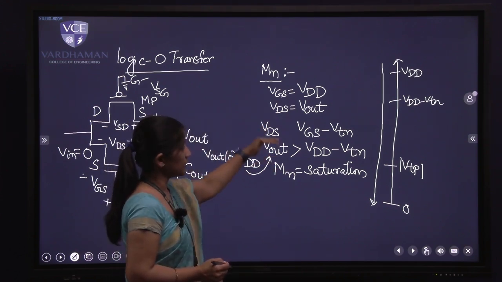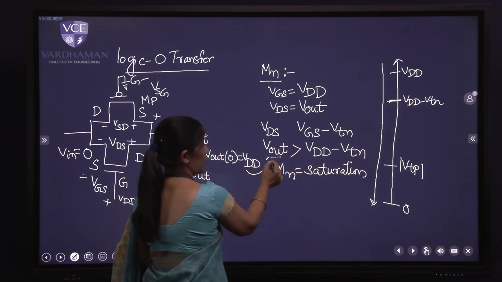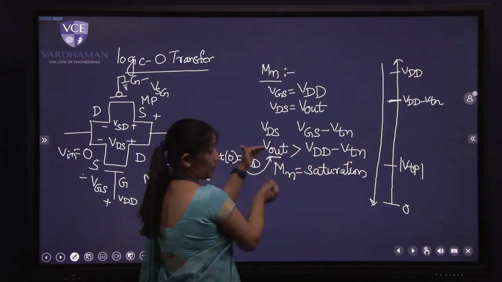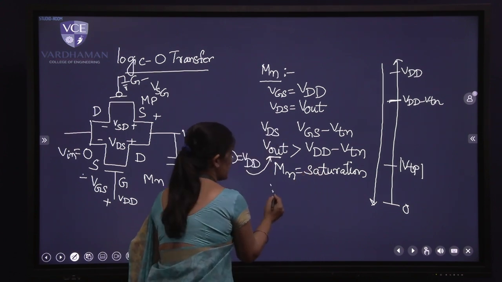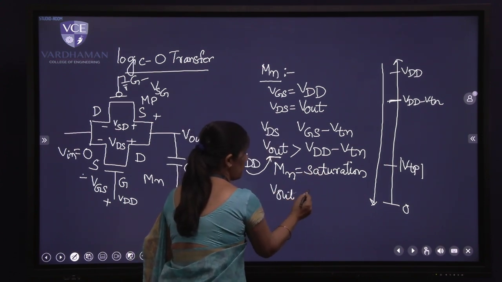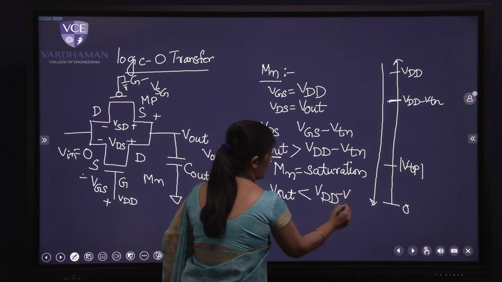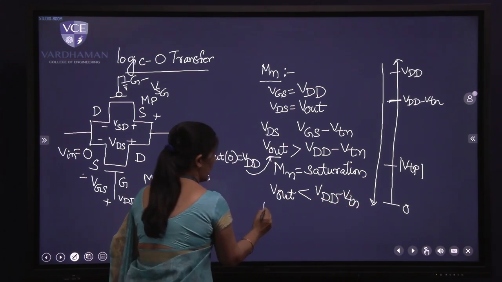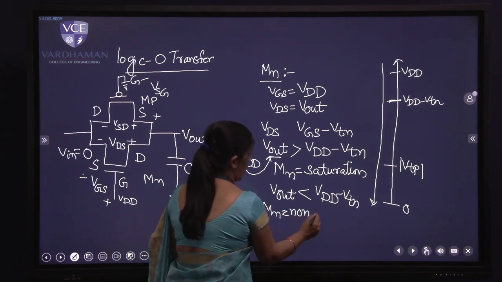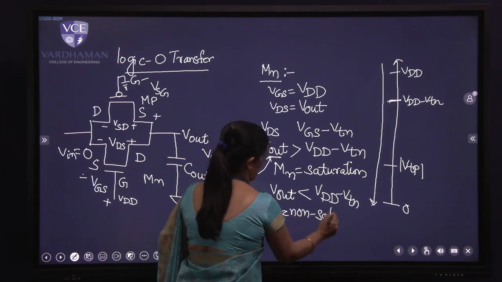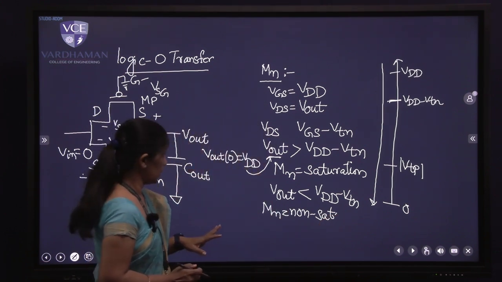Now when Vout is decreasing further and crosses the VDD minus VTN term, we see that Vout will become a smaller value when compared to the RHS side. That's how I say that when Vout becomes less than VDD minus VTN, your transistor Mn has entered into non-saturation region because of the condition where VDS is less than VDD minus VTN.